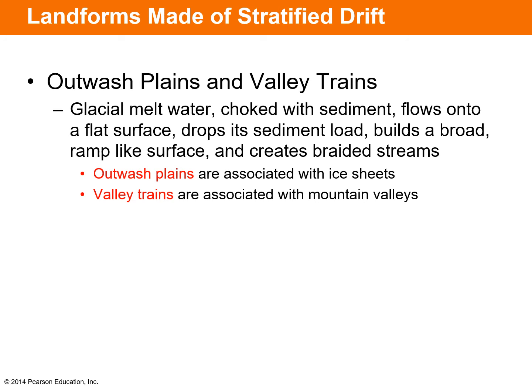And that creates braided streams. So if you recall, that's why braided streams are created so frequently from glaciers. And so basically, from this glacial meltwater, you can get outwash plains, which are associated with ice sheets, or valley trains, which are associated with mountain valleys. And both outwash plains and valley trains are made of stratified drift.